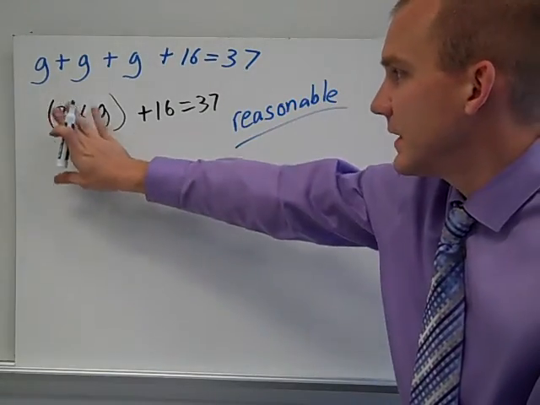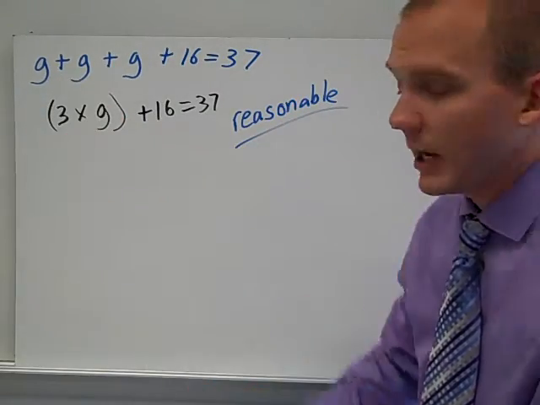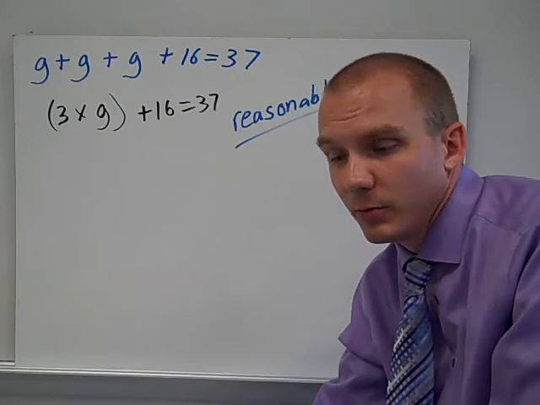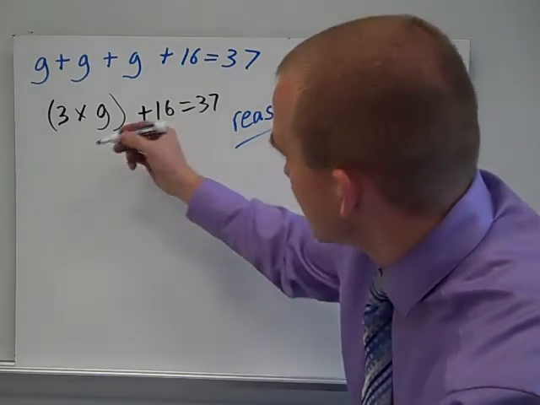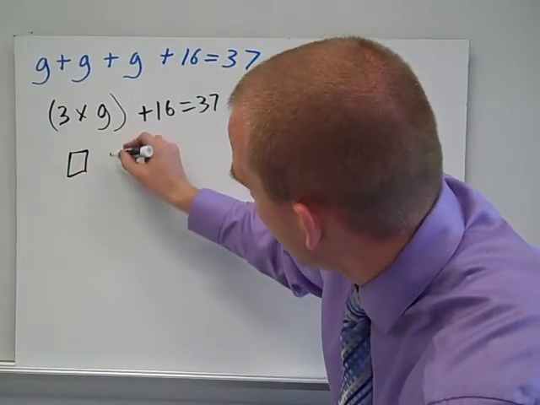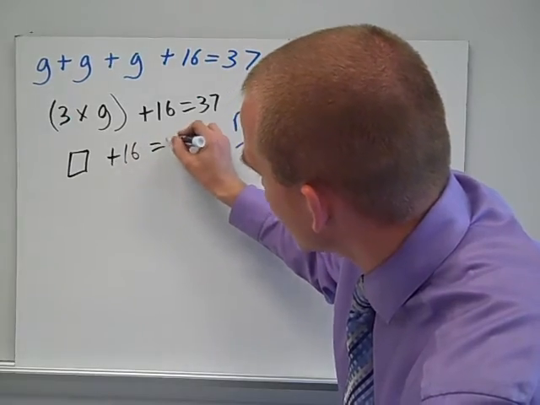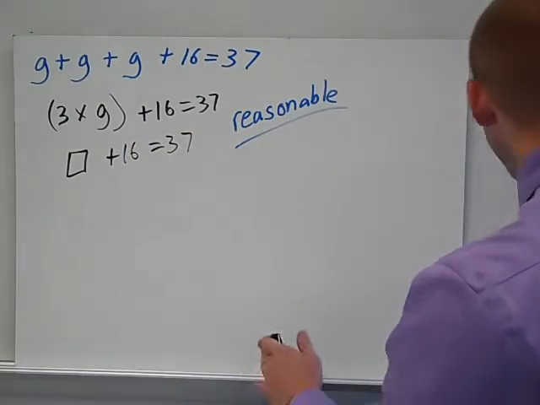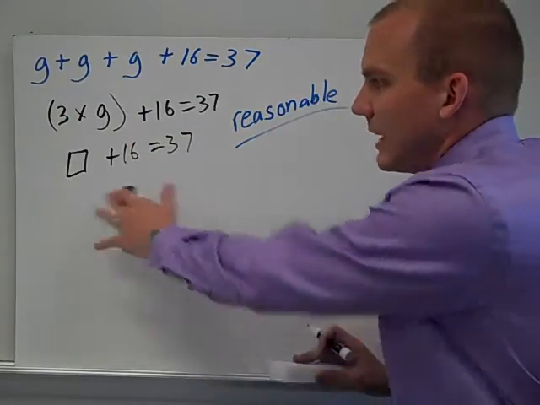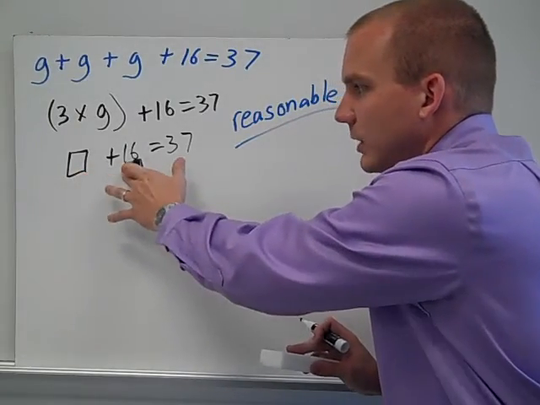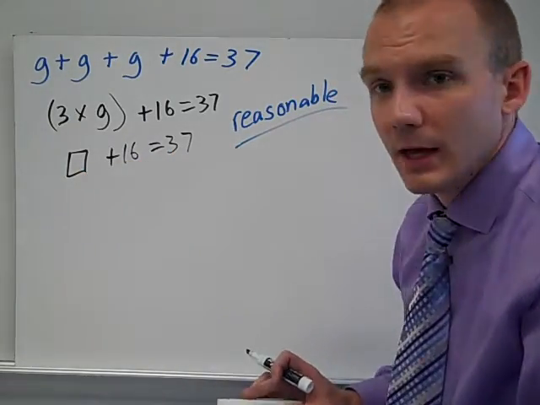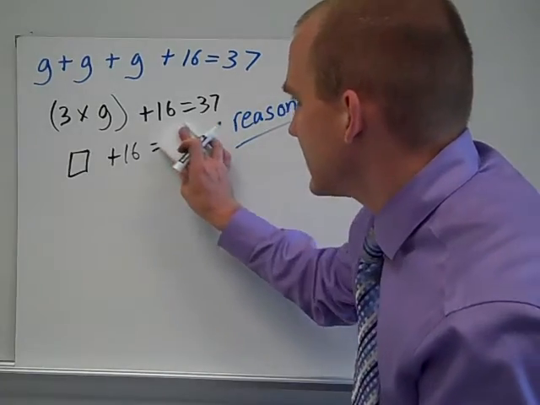What I want to do is think of this as one thing, though. 3 times g. Think of it as just one variable. You could even call it like a square. You could say square plus 16 equals 37. And what you're going to do is think in the fact family, how would I figure that out? What plus 16 is 37? Well, I could do 37 minus 16.